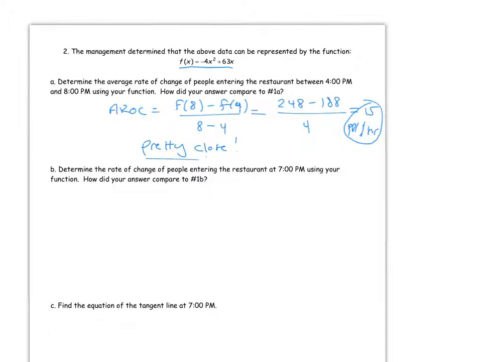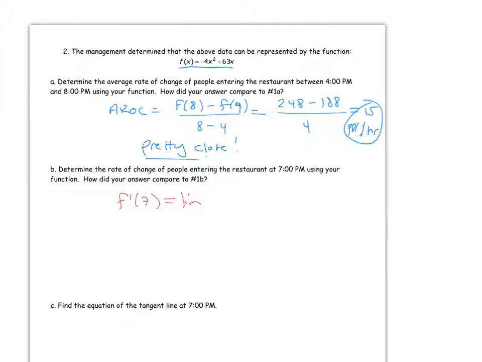Determine the rate of change of people entering the restaurant at 7 p.m. using your function. So now we're not going to estimate the instantaneous rate of change. We're going to use our function and the analytical methods we learned to actually do it. So let's use the notation. This would be f prime of 7, and that equals the limit, and I'm going to use the x minus a definition.